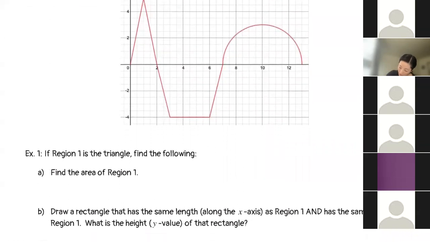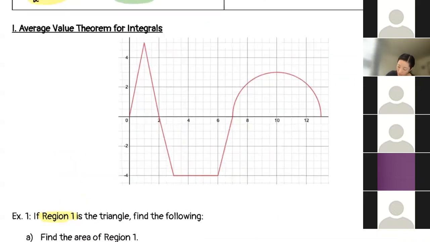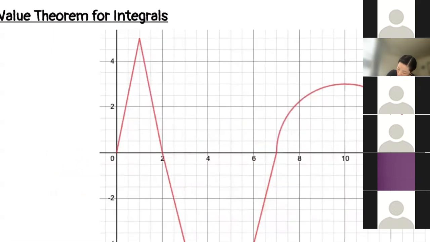In this first example, it says region 1 is the triangle, okay? And so our first task is to find the area of region 1. In particular, that means we want to find the area of this triangle right here.